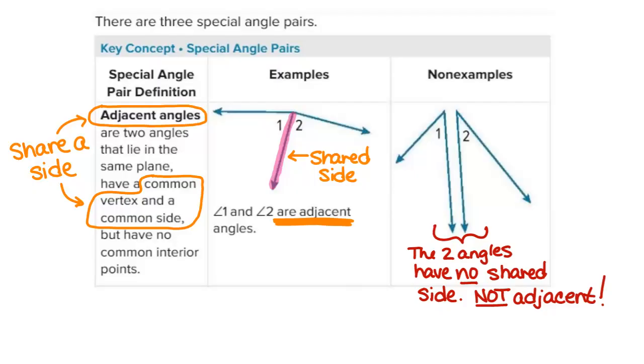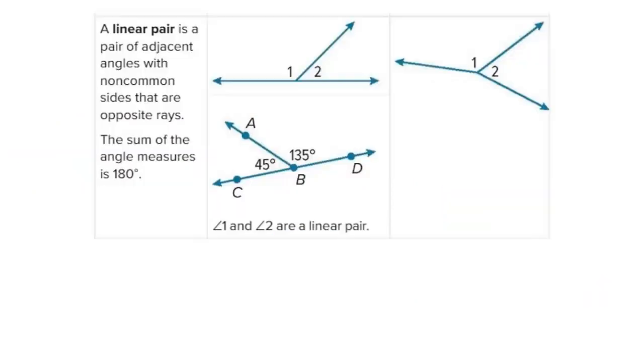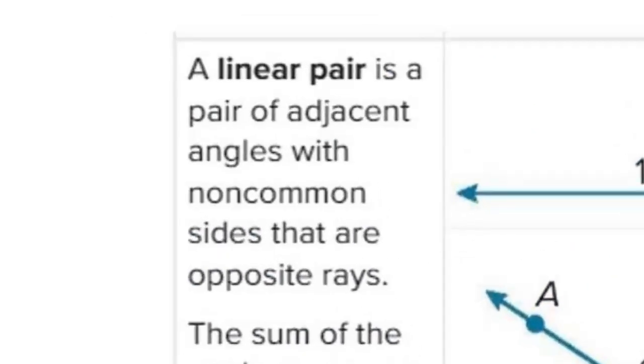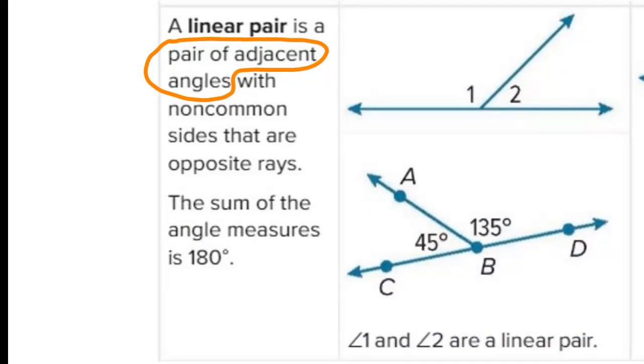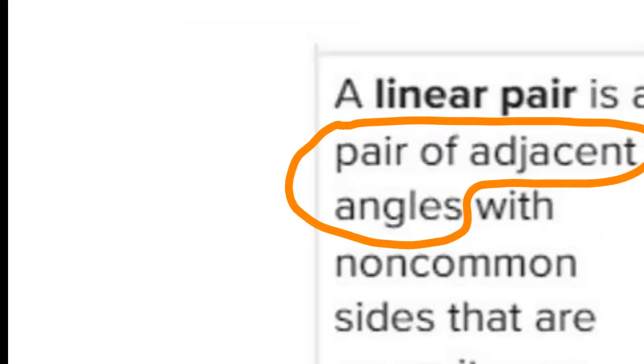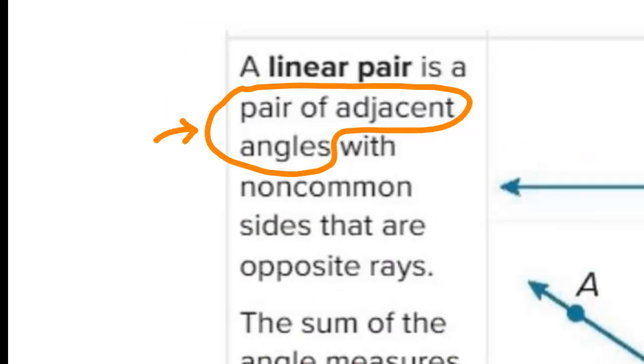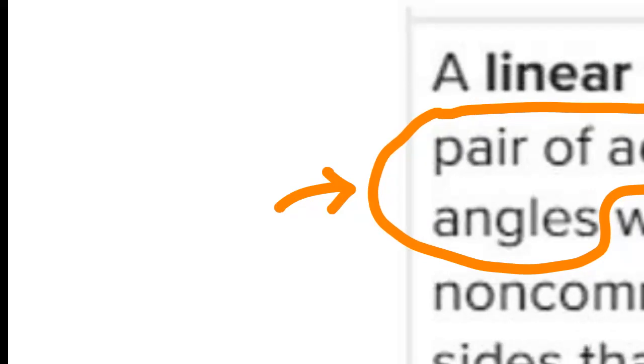The first one that we look at on the top of page 5 is called a linear pair. A linear pair is a special pair of adjacent angles. It says the non-common sides are opposite rays.